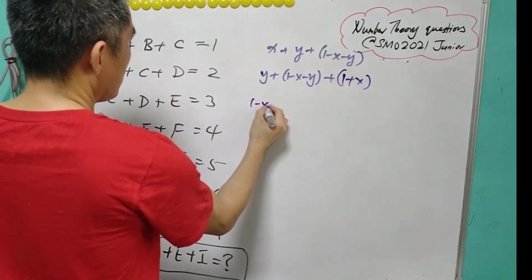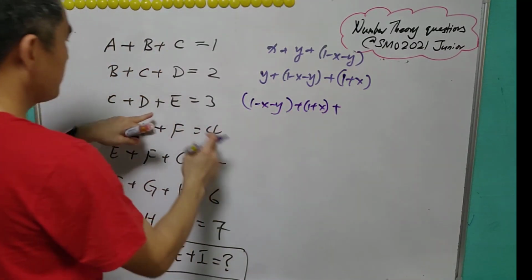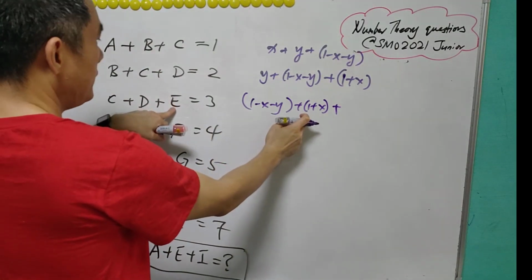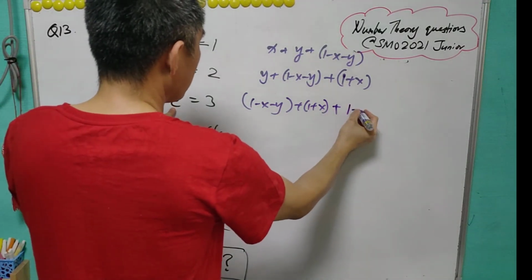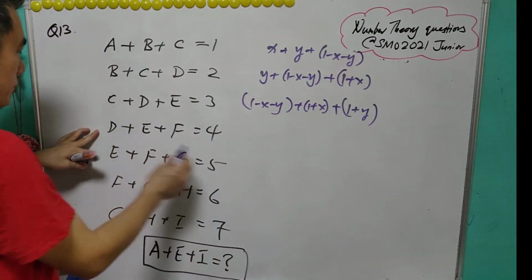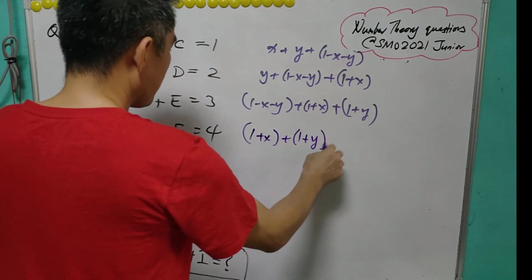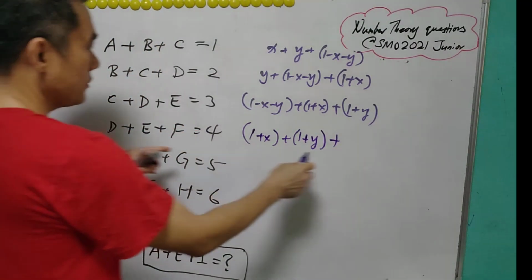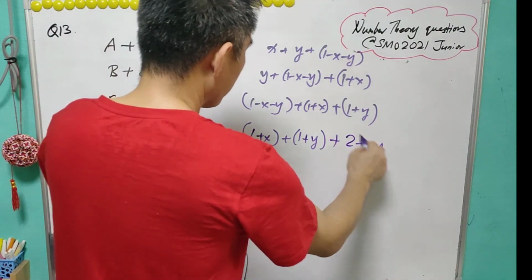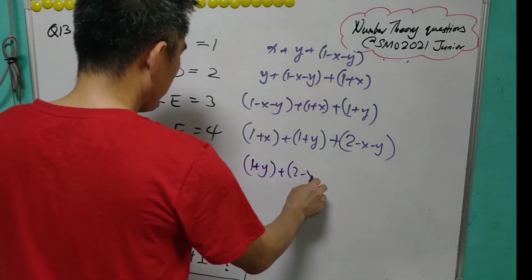Then we will continue. In order to get a e, this will be 1 plus y. And for the fourth equation, 1 plus x, 1 plus y. In order to get a 4, this is 2 minus x minus y. We will continue. 1 plus y, 2 minus x minus y.